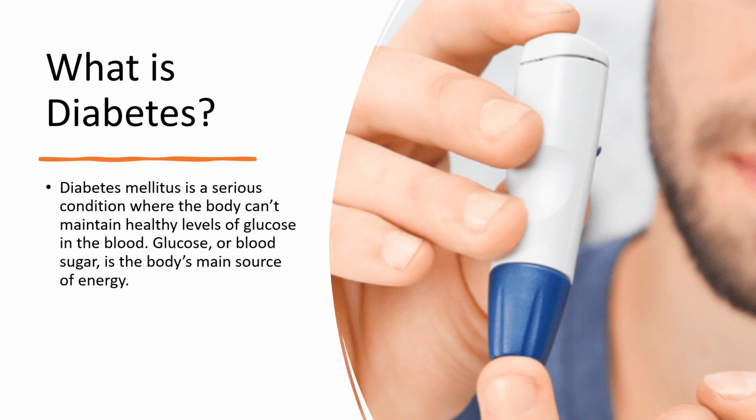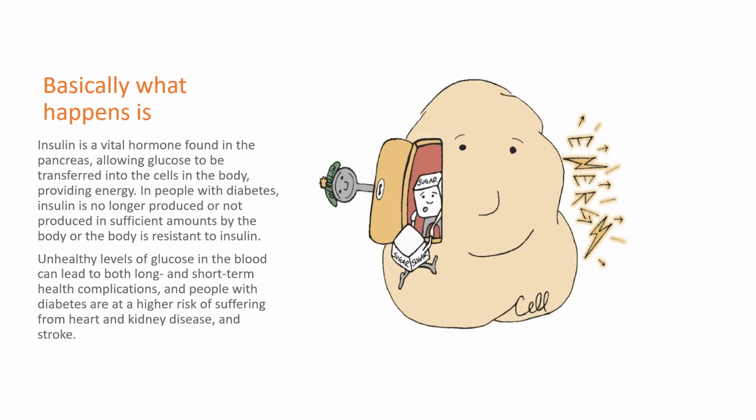What is diabetes? Diabetes mellitus is a serious condition where the body can't maintain healthy levels of glucose in the blood. Glucose, or blood sugar, is the main source of energy for the body. So basically what happens is insulin is a vital hormone found in the pancreas, allowing the glucose to be transferred into the cells in the body, providing energy.